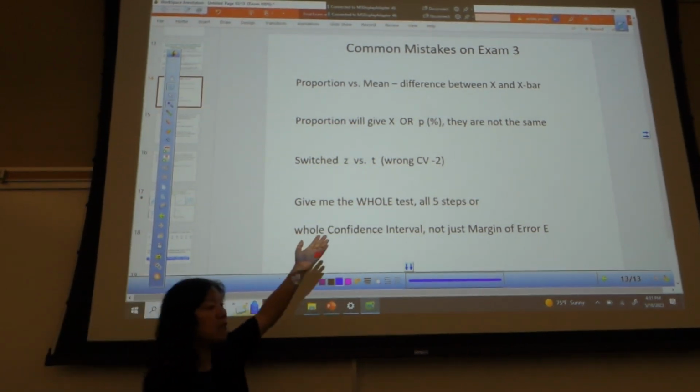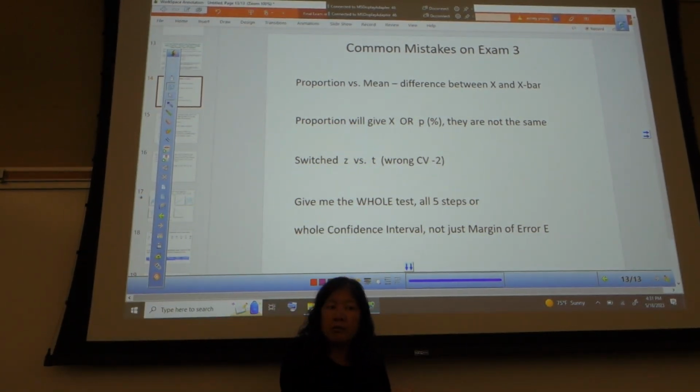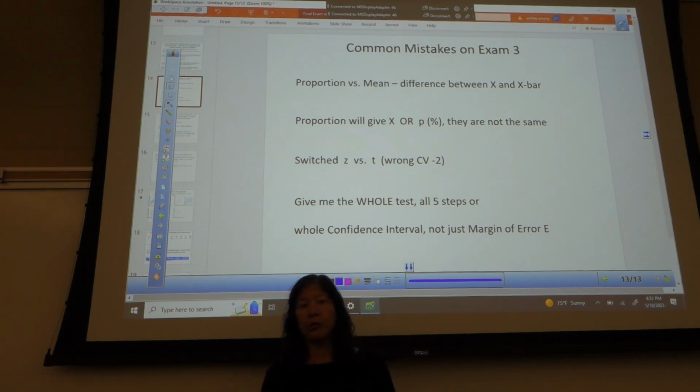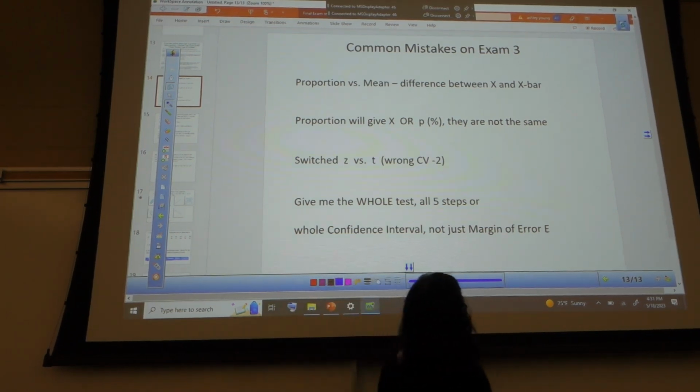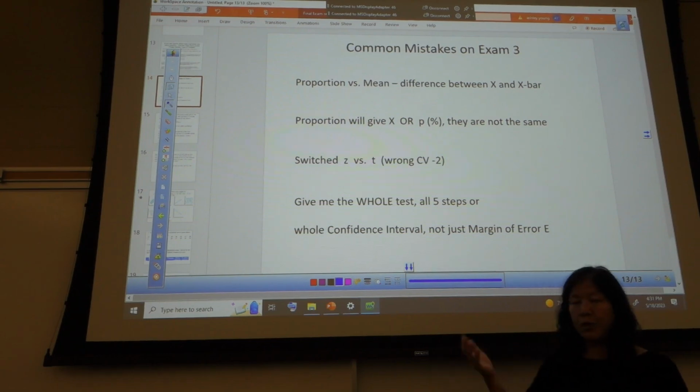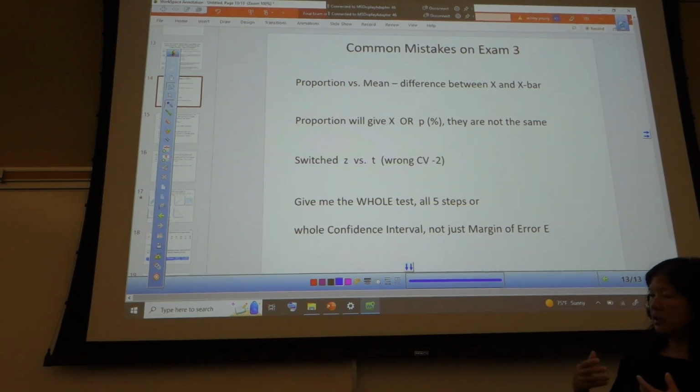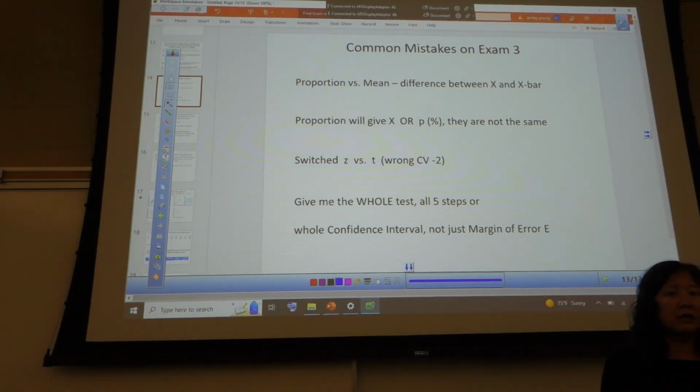How do you know it's p? It has a percent symbol on the end of it. The x will always be a whole number of people. And you can get back and forth between them, using p equals x over n, and on the flip side, x equals n times p.